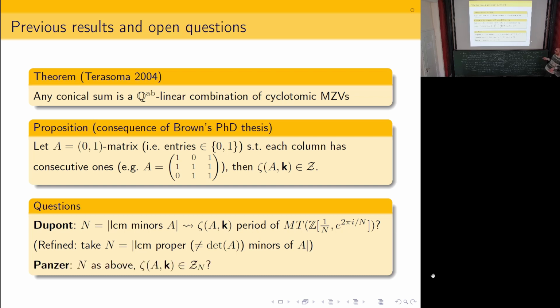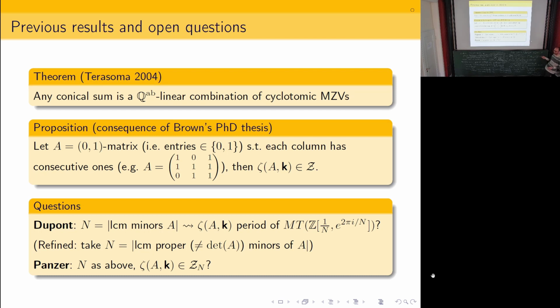And an even stronger thing would be if the question raised by Eric has a positive answer. So Eric noticed that using these kind of techniques of Francis Brown, it seems like you could expect that zeta of AK is in Zn, which is stronger than saying this, because this is known to coincide with this only if n equal 1, 2, 3, 4, 6, and 8, I think.